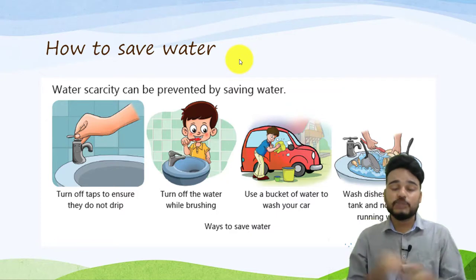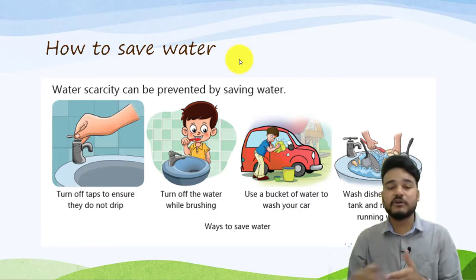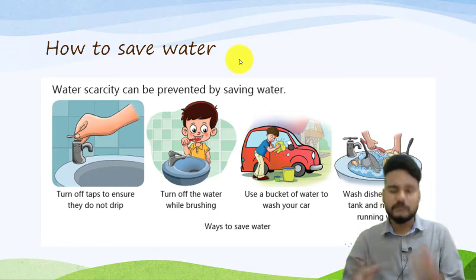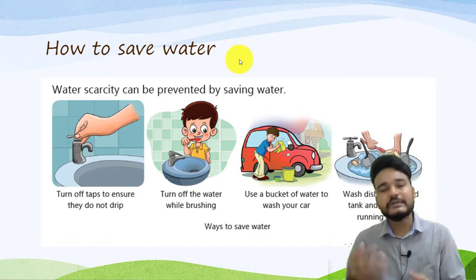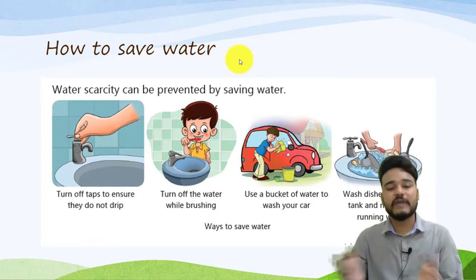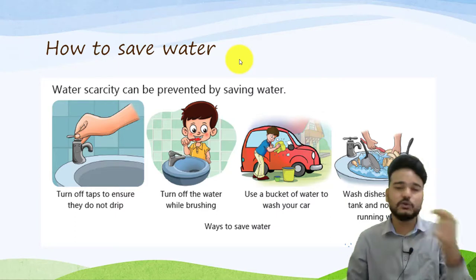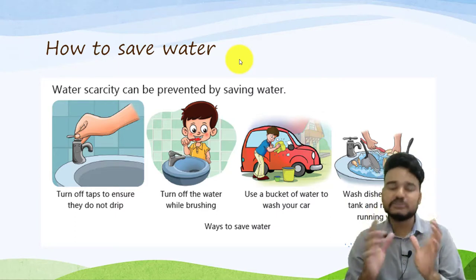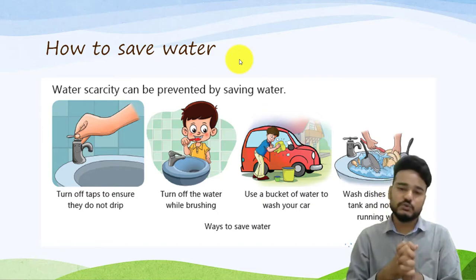Now many of you, जब हम brushing in the morning or getting fresh, नल चालू ही रहता है and we do our things and the tap is on only. So turn off the water taps while you are brushing. Means जब जरूरत हो, जितना जरूरत हो, that much amount of water you should use only.